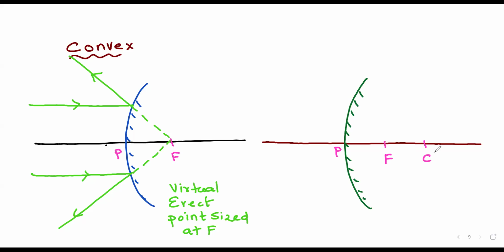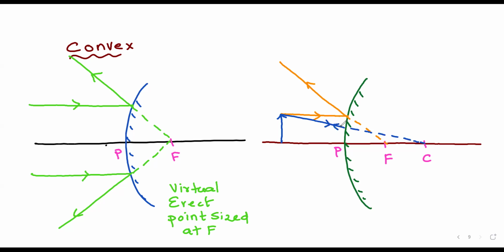Okay. You keep the object anywhere in front of the convex mirror. What is the parallel ray, children? Parallel ray will appear to diverge from focus. The second ray is the ray which is passing through C. So till C, after that it is dotted line.